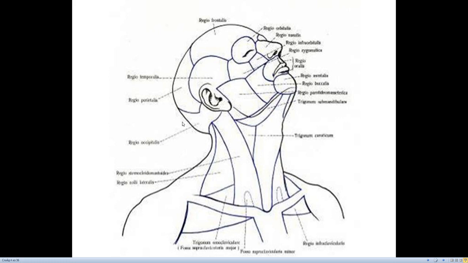Then the temporal region, regio temporalis, which is a paired region.